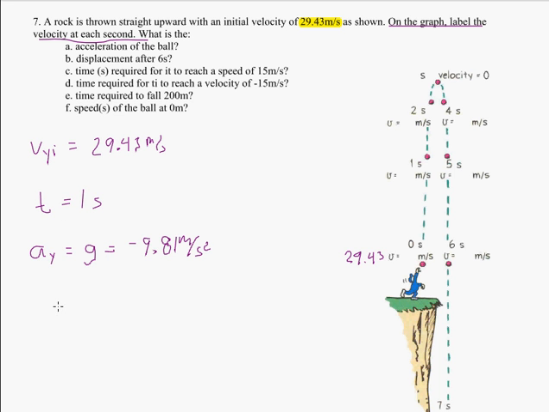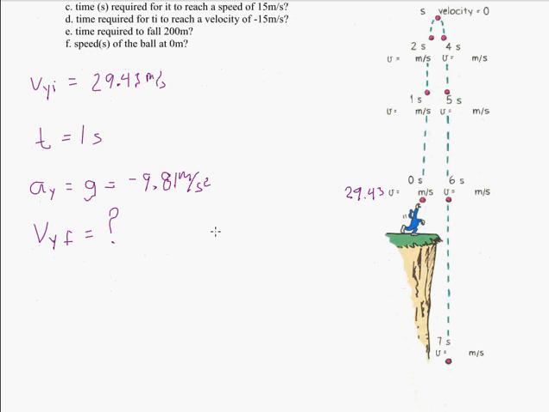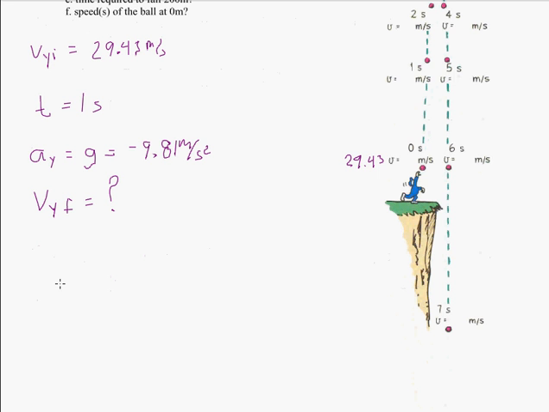Okay, so we've got 3 things, so we can solve for the 4th. In this case, you're looking for your VYF, and that's the unknown. You're going to pick a formula out of your list of formulas. Remember, you've got VYF equals VYI plus AYT.